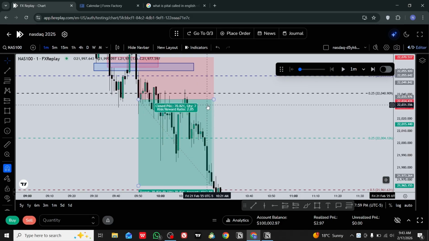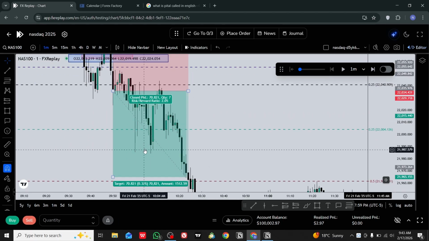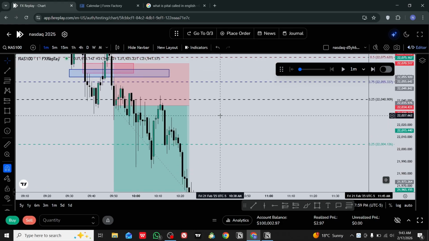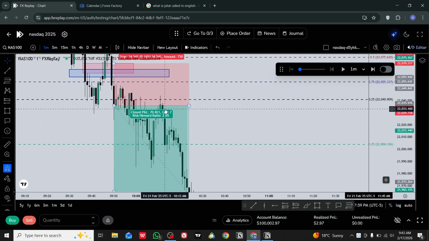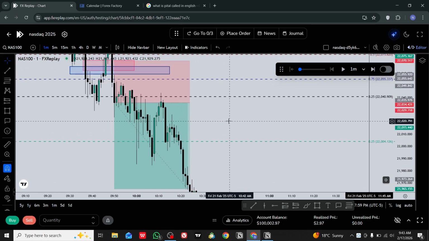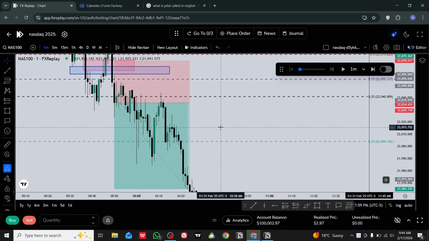So I should learn from what I'm doing wrong, because it happened several times that price went to the break even, retraced into that PD array again and then started going lower. Or it takes the recent highs or lows and then starts going lower.